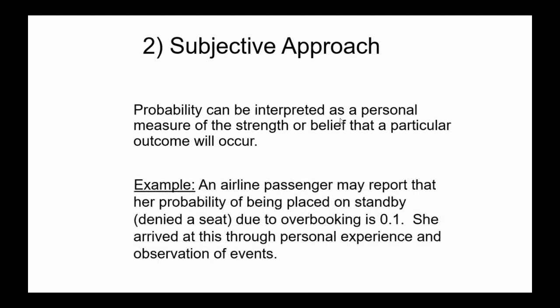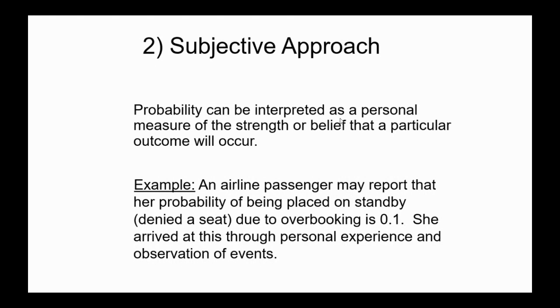So let's say an airline passenger reports the probability of being placed on standby, meaning she got to the gate and they said, oh, sorry, we're full, we're going to put you on the standby list. Her probability that she thinks is 0.1, so a tenth.